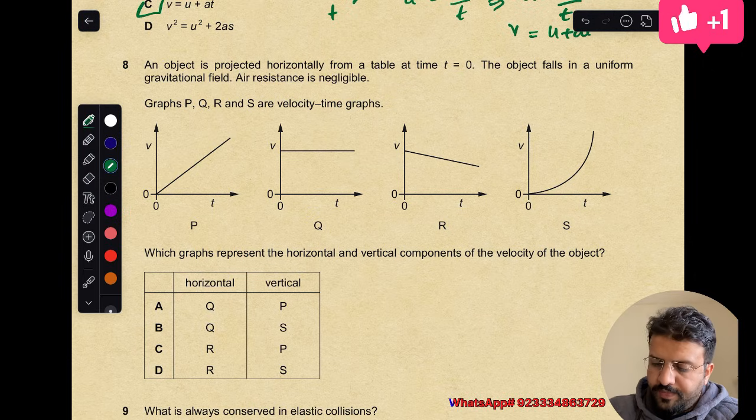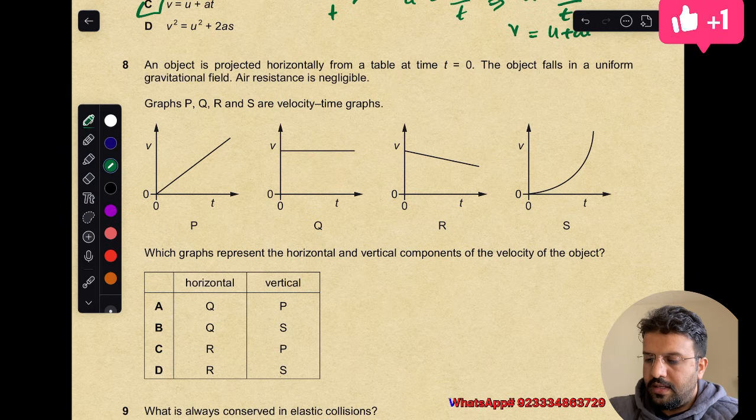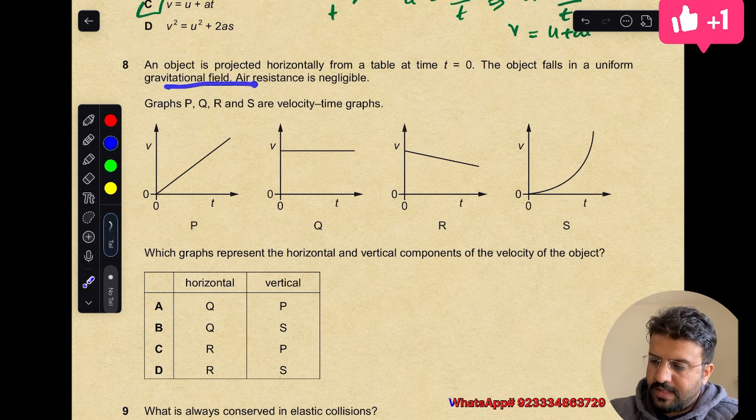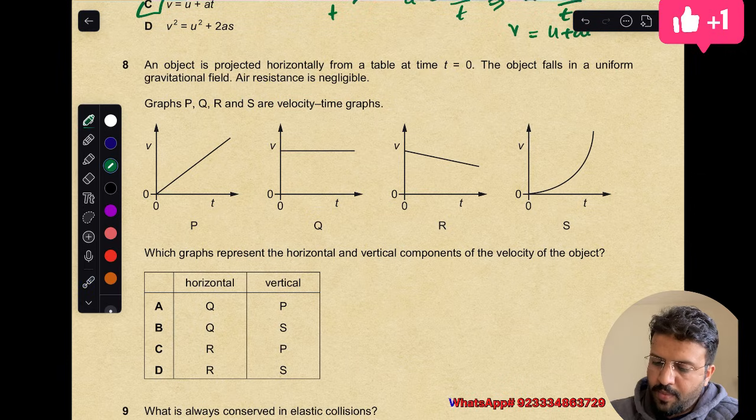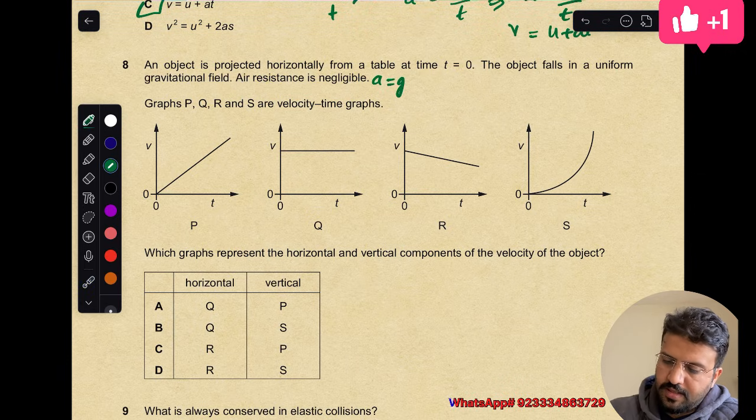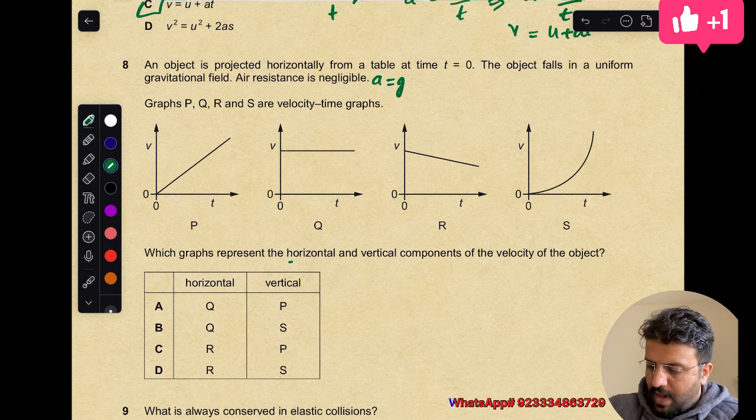Okay, in the next question, an object is projected horizontally from a table at time t equals 0. The object falls in a uniform gravitational field. Resistance is neglected, so acceleration is equal to g. You have to tell which graph is representing the horizontal and vertical components of the velocity.